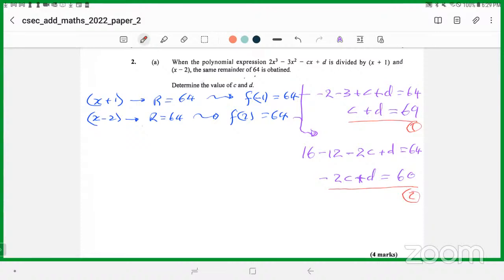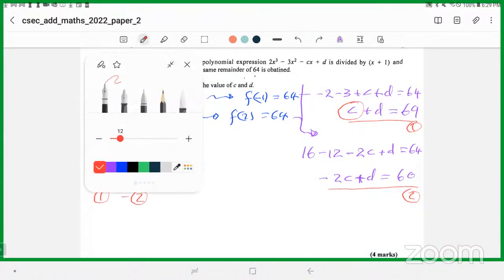Now I can subtract to eliminate the d. So I'm going to do equation 1 minus equation 2. So it's this c minus this negative 2c. Minus a negative is a plus, so that becomes positive 3c.